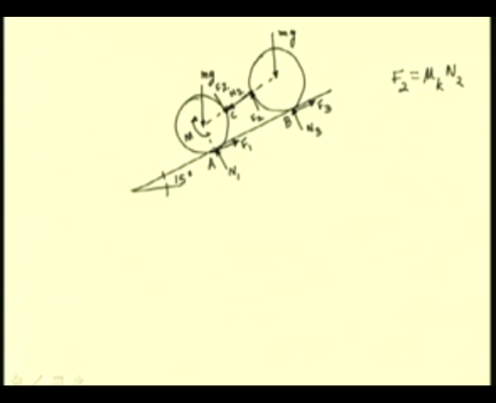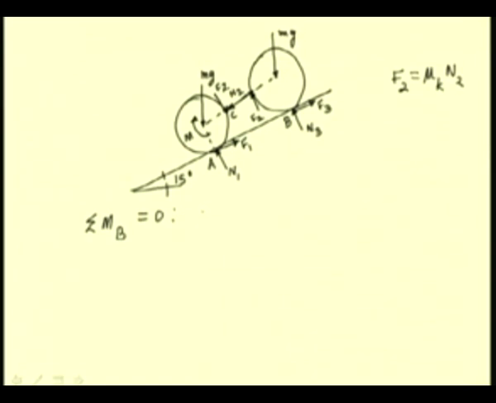So, we relate this force to the normal force by the coefficient of kinetic friction. So, let us write the equation. The moment summation about B, and equate it to 0.